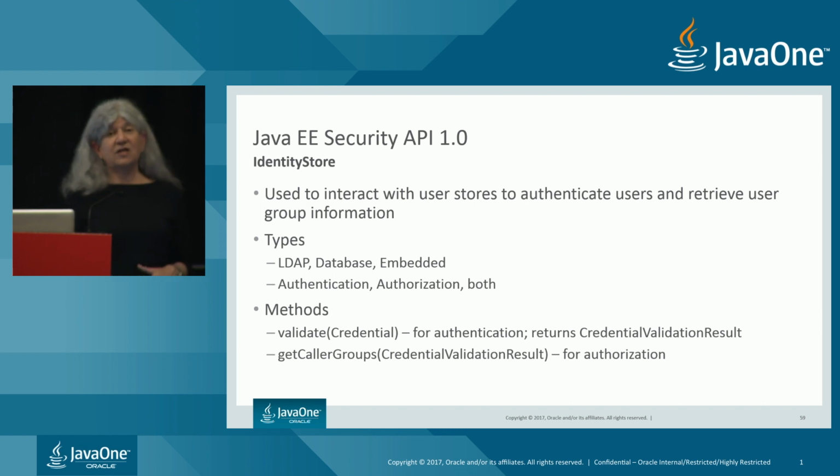The HTTP authentication mechanism can leverage multiple identity stores. So it can go through several identity stores, determining, based on a credential, whether the caller has the right to continue. So you can combine the results of the identity stores as they're produced.